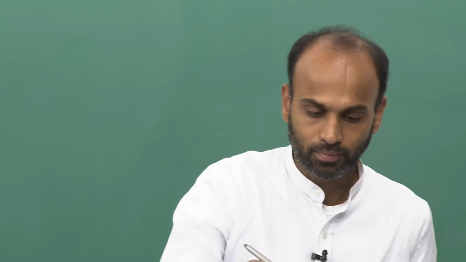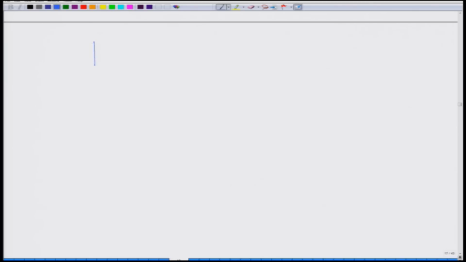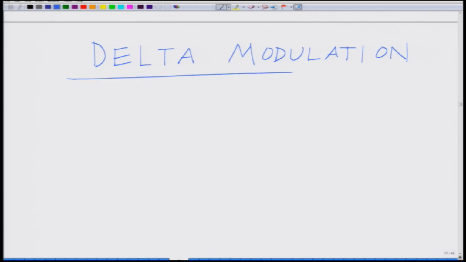So, that is a different quantization scheme, or a different modulation scheme, termed delta modulation. Modulation in the sense of pulse amplitude: here also we have pulses whose amplitudes are modulated, but we will see there is an interesting difference.